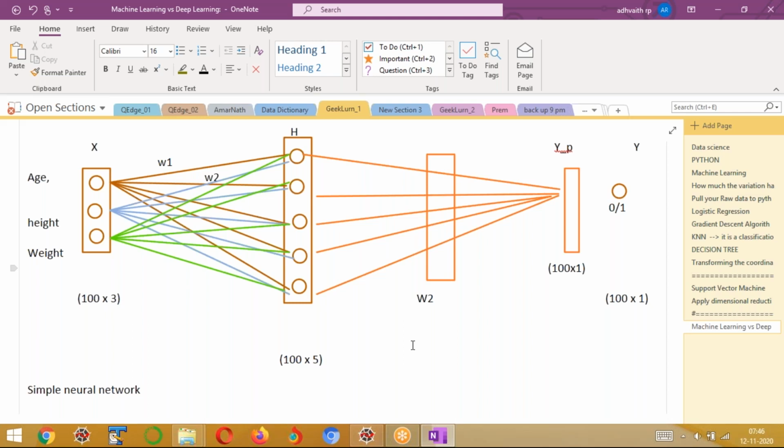Once you apply d by dx on that, we will get some output. That output helps us recreate your coefficients and pull your gradient descent line towards the upward direction.